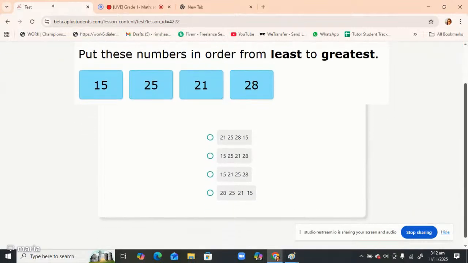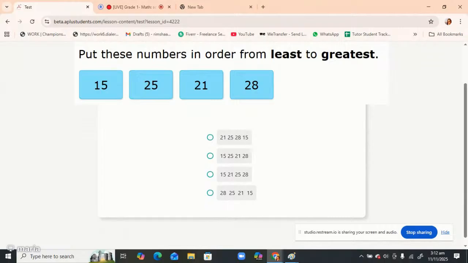So here are some numbers. You can see that. Put these numbers in order from least to greatest. So the numbers are 15, 25, 21 and 28.